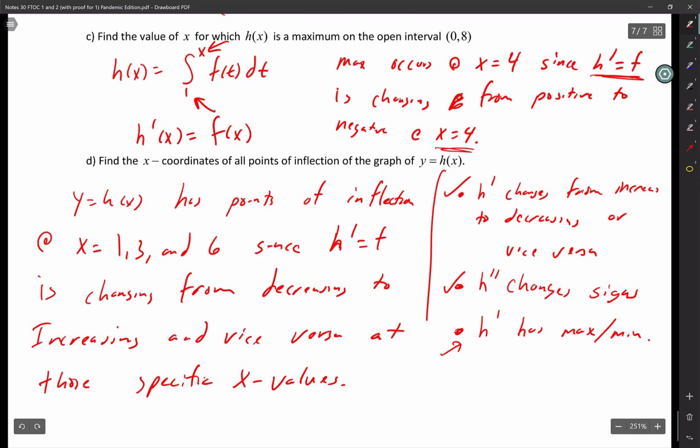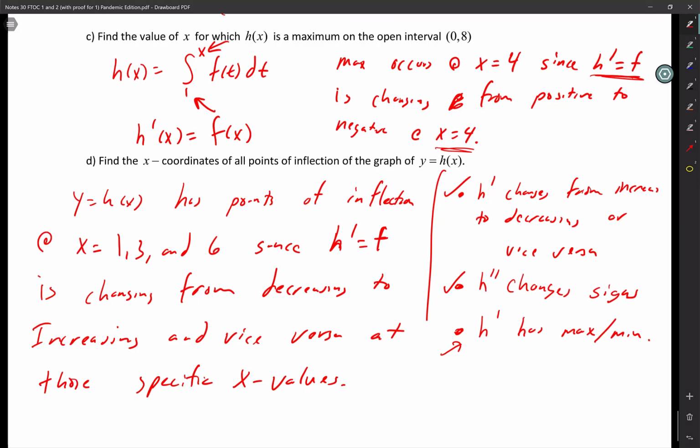There it is. And I decided to use h prime, which equals f, because that is the graph that they gave me. Does that make sense? You could have also said h prime prime changes signs at those, because they do. But the best answer is to use the graph they gave you.